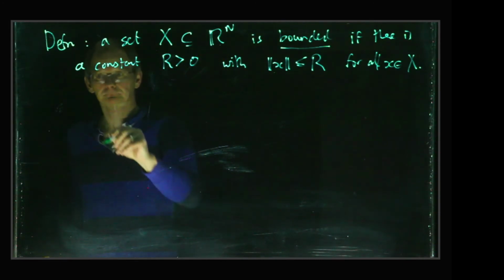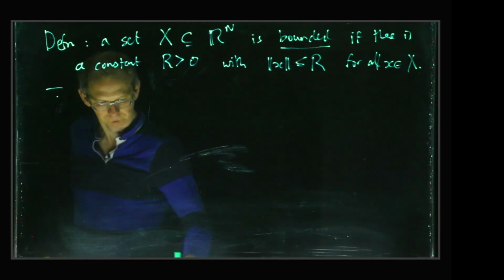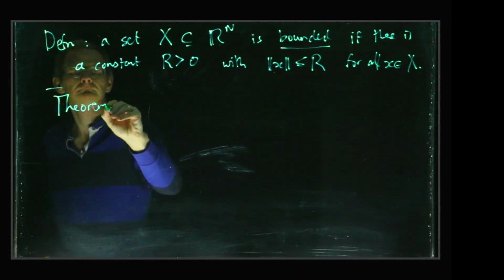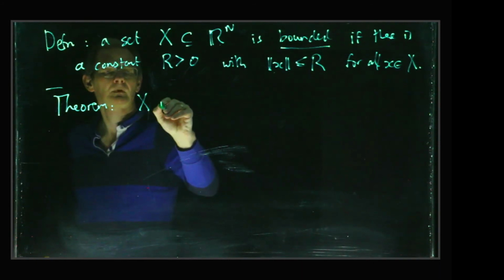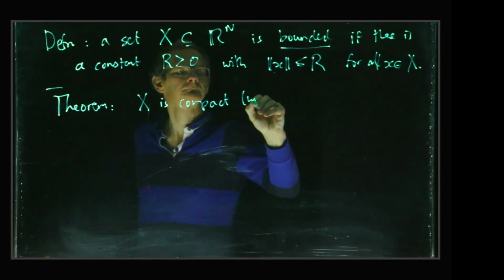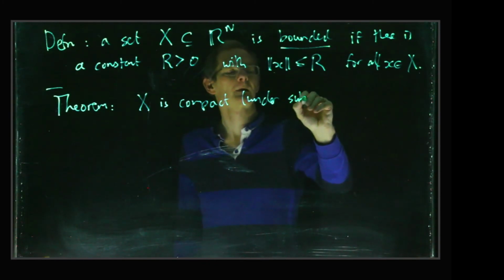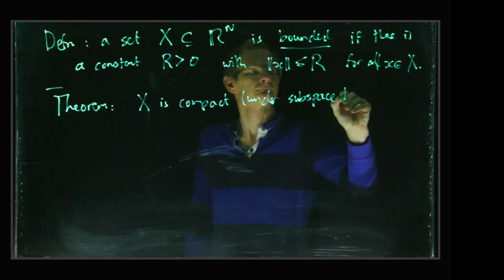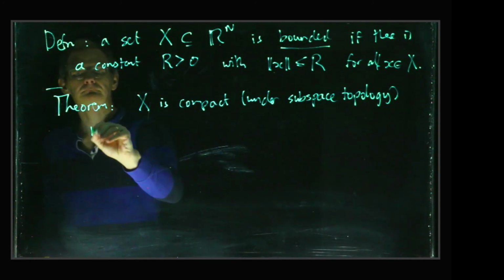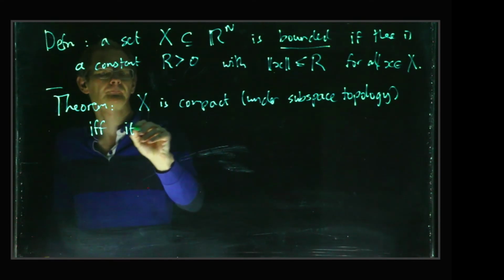Okay, and then the theorem says that X is compact under the subspace topology, of course, if and only if it is both bounded and closed.